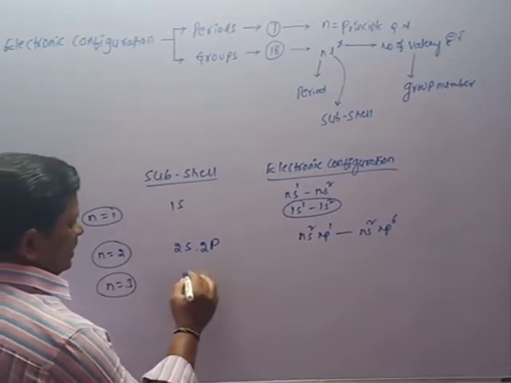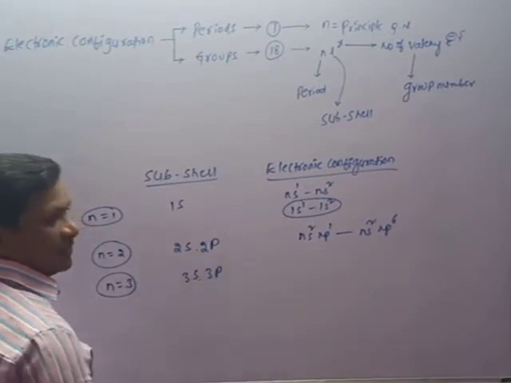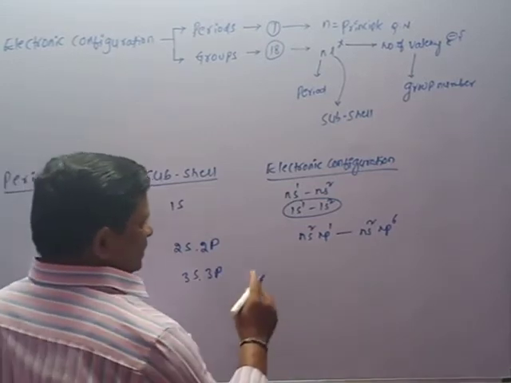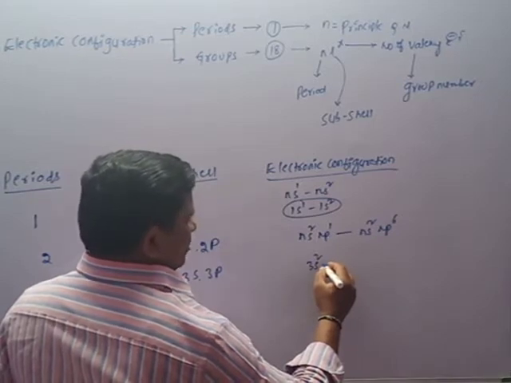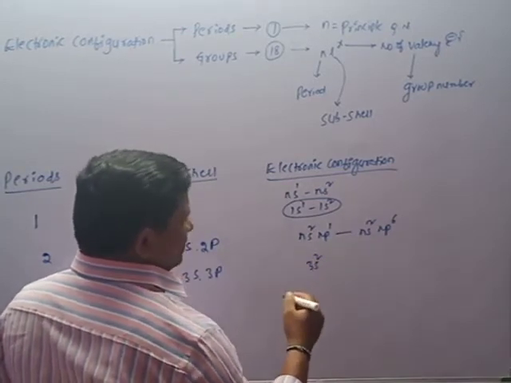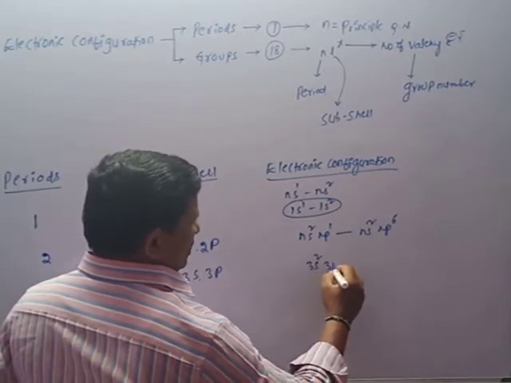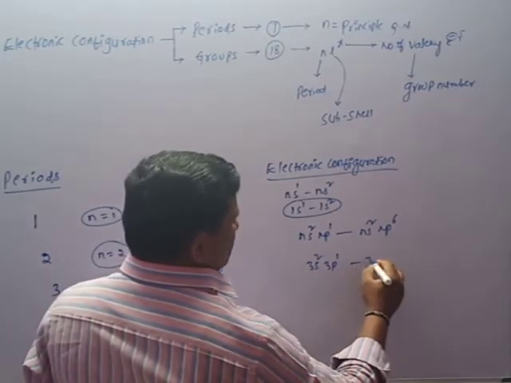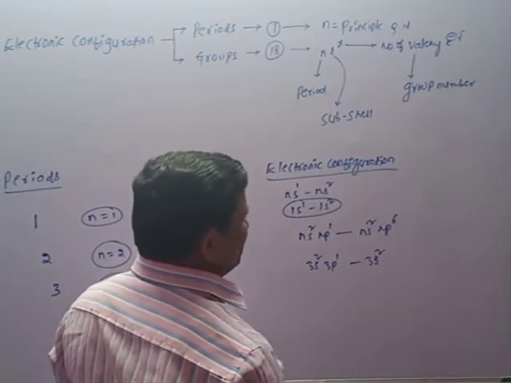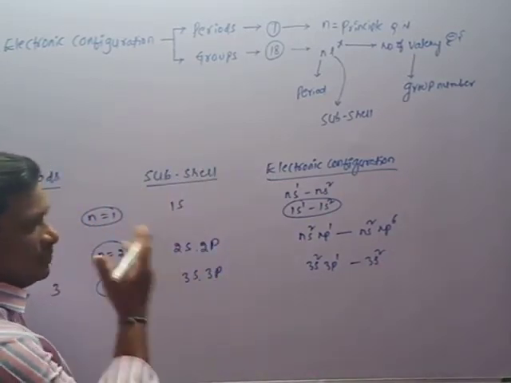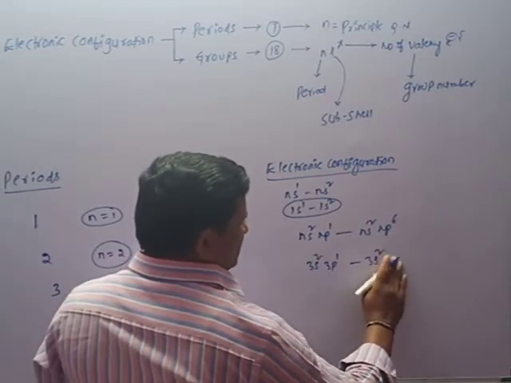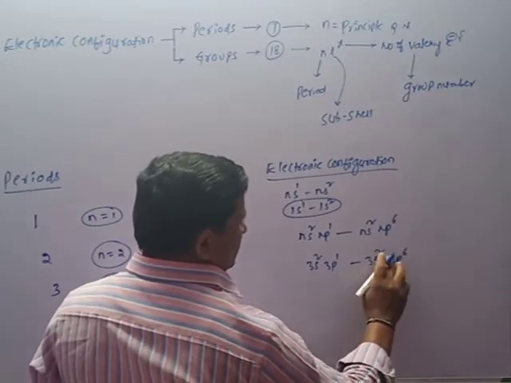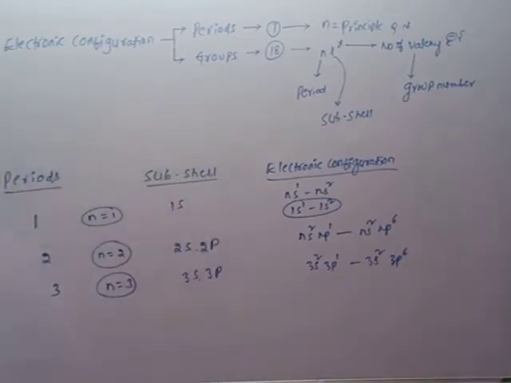So n equals 3 has 3s and 3p, that is 3s2 3p1 to 3s2 3p6. So that is the third period.